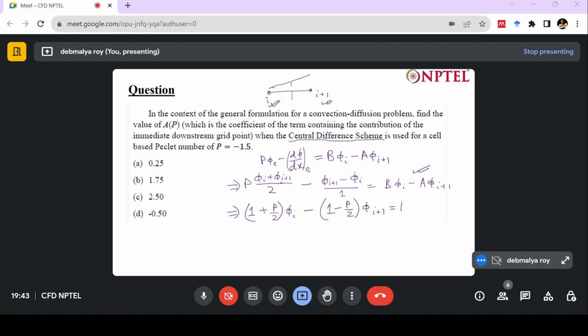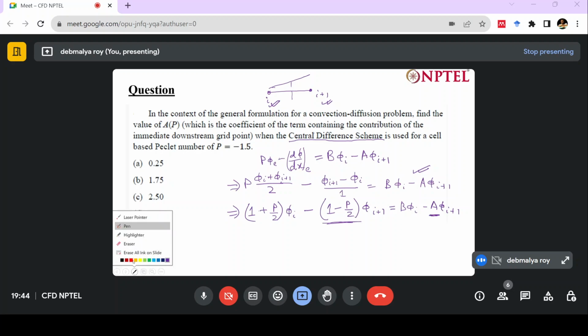This is equal to d phi I minus d phi I. Here we can easily see that A is equal to this.